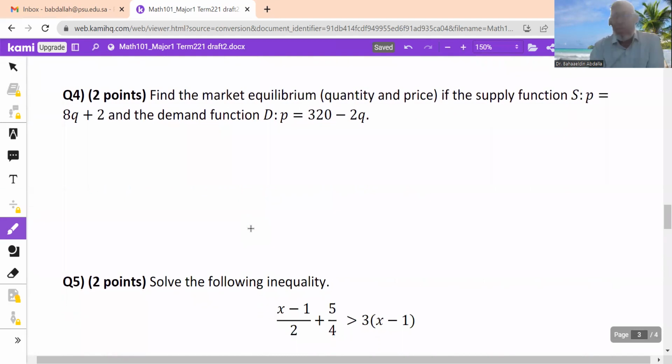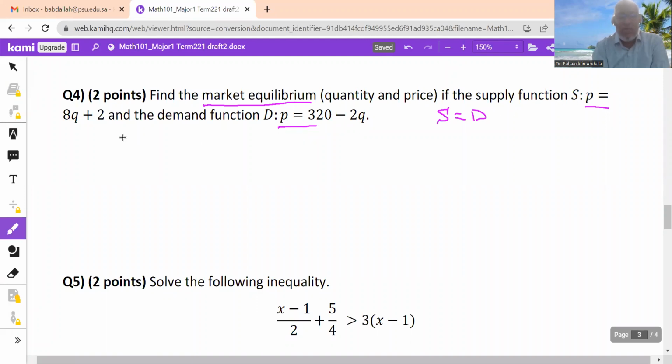Find the market equilibrium, quantity and price, if the supply function is given and the demand function is given. Well, the market equilibrium happens when the supply equals the demand. So I have P equals here, and here also P equals.